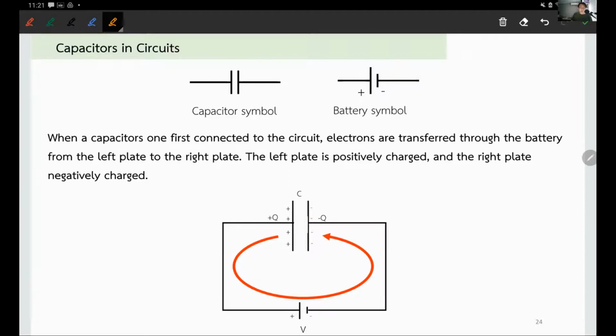All right, and the symbol for the capacitor just reflects the parallel plate capacitor. It's just the two parallel lines in the symbol. Okay, so it's just a little bit different from the battery. The battery is just the two different lengths of the lines. The longer one is the positive end. The shorter one shows the negative end of the battery. But for the capacitor, you have two equal lines.